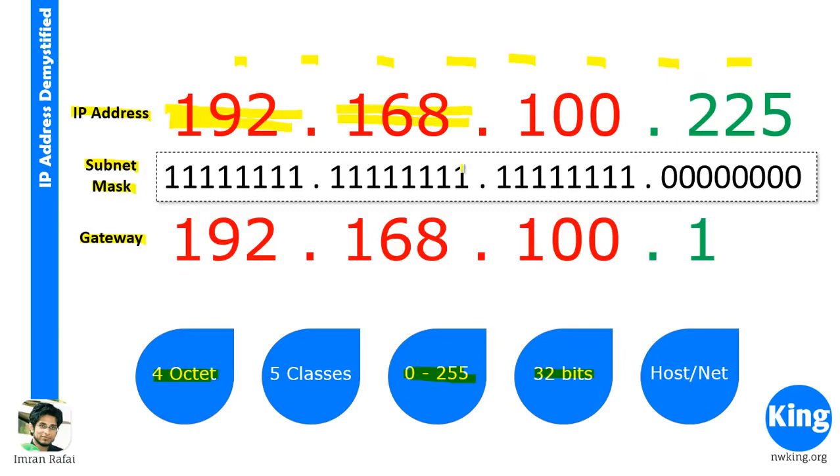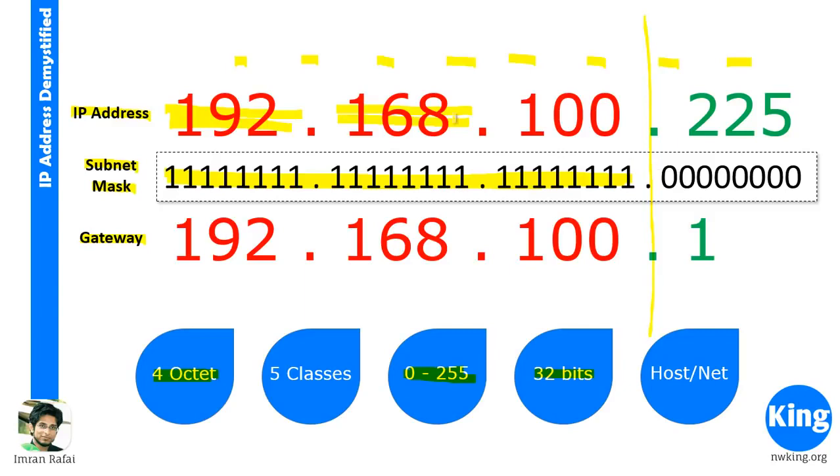If you see on the screen, the subnet mask will always be a series of 1s followed by a series of 0s. The transition from 1s to 0s happens at the place which separates the network part and the host part.